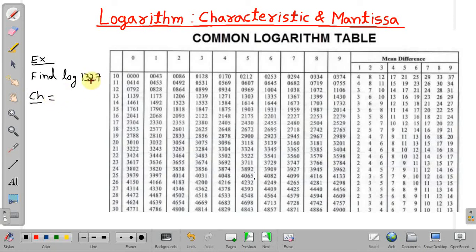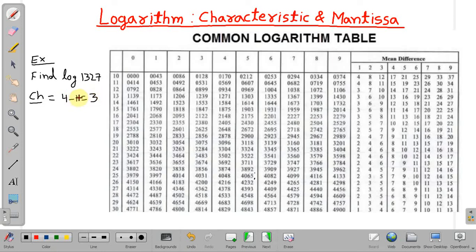So we have to find the characteristic. 1327 is greater than 1. So we have to see the number of digits to the left of the decimal. The decimal is after 7. So it is 1, 2, 3, 4. So 4 minus 1. We have to reduce by 1. So the characteristic is 3.